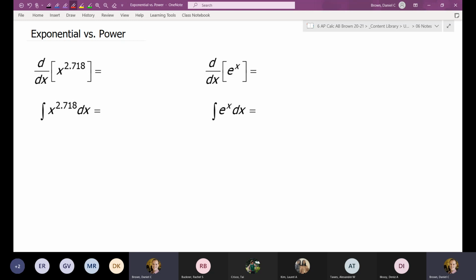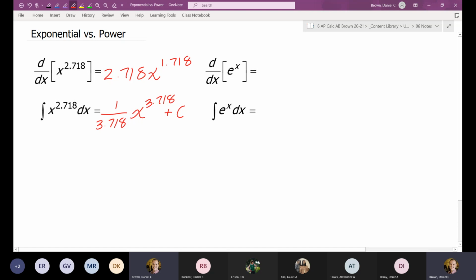We know for the derivative, that number is just going to come down in front, and then we subtract 1 from the exponent. So then when we integrate using the power rule, we add 1 to the exponent, and then divide by that new exponent, and then plus c. So that's what we have been doing.